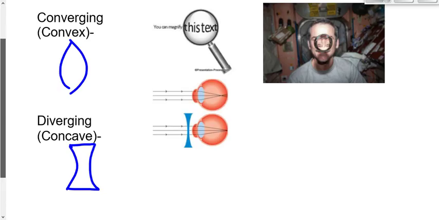Now, here's what happens for me, and probably for the other people in here that are wearing glasses as well right now. When light comes through the convex or converging lens in my eye, the rays of light converge. They come together. But they're supposed to come together on the retina of my eye at the back.